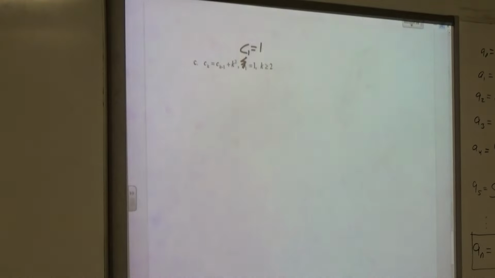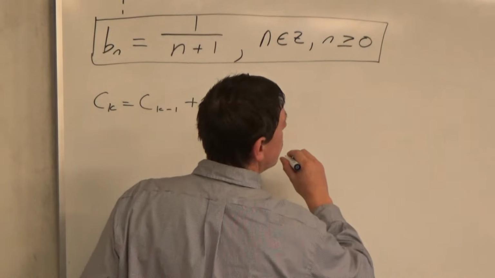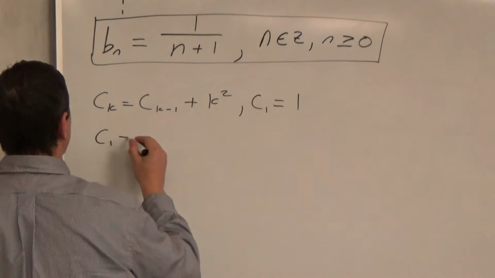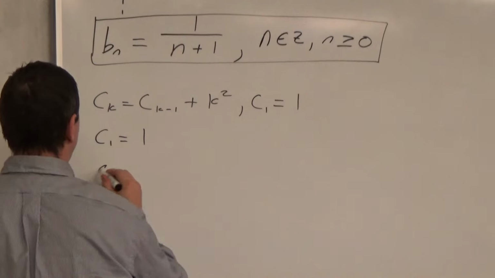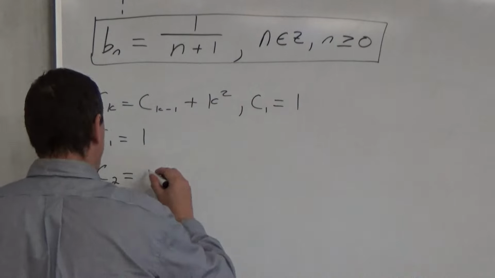Okay. So, c sub 1 is going to be equal to 1. So, we already know what c sub 1 is, right, guys? C sub 1 is equal to 1. C sub 2. If I was to ask you what c sub 2 is, what would you guys tell me? 1 plus 2 squared.